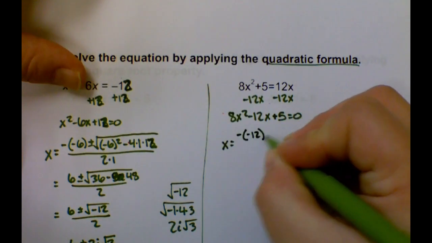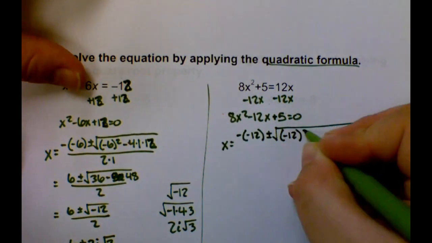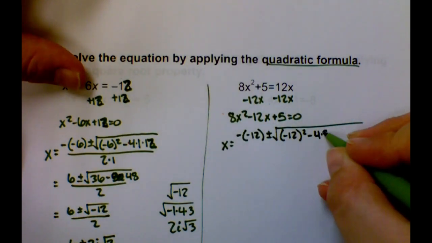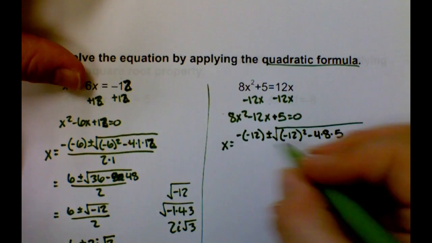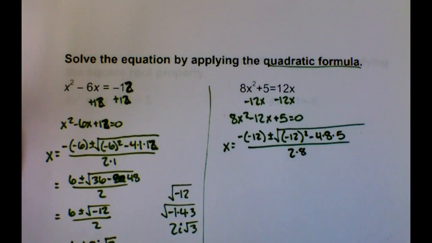Negative b, which is negative 12, plus or minus the square root of b squared, it's negative 12 squared, minus 4 times a, which is 8, times c, which is 5, all over 2 times a, which is 8.